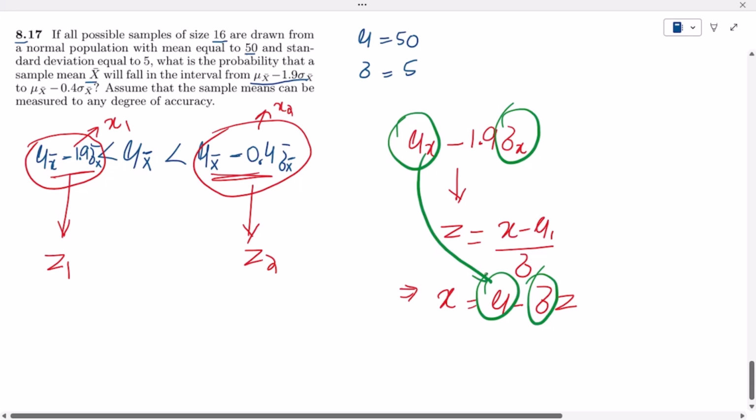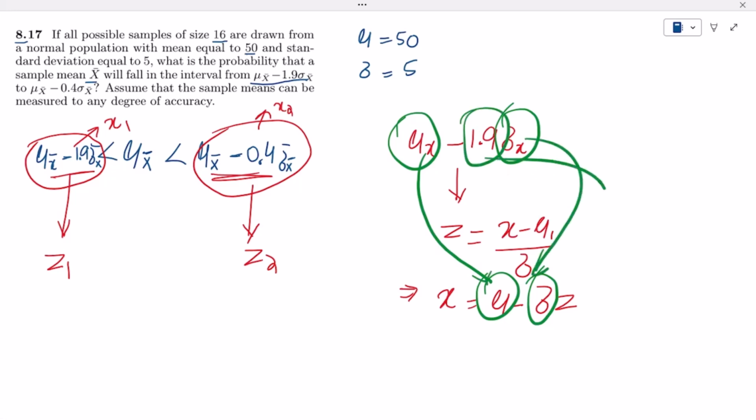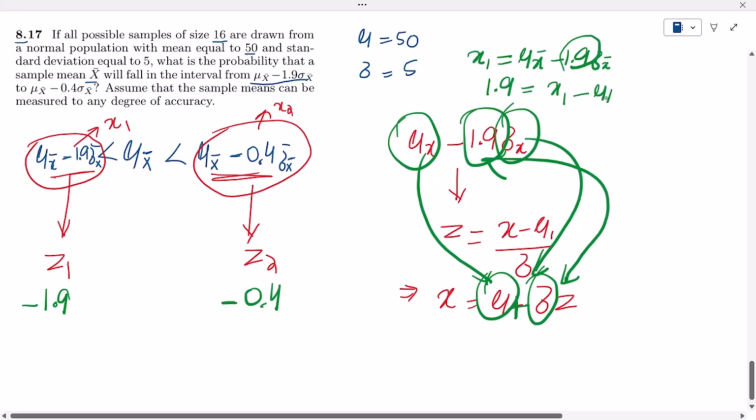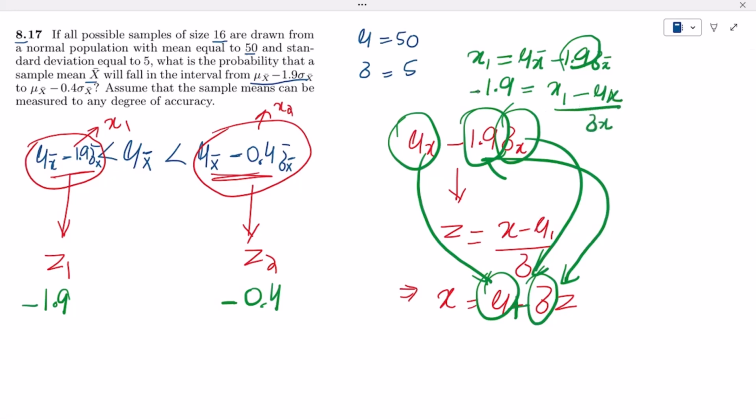By comparing them, we can see that the value of z is 1.9, so the value of z1 is 1.9, and similarly the other is 0.4. Since x1 is equal to mu x minus 1.9 sigma x, from it the value of z1 is x1 minus mu x divided by sigma x, so this is minus 1.9.